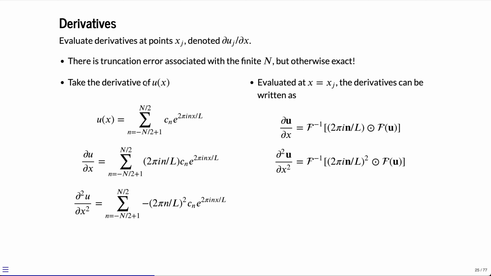So we take the derivative of the function. u of x is the sum over the basis functions of c_n e^(2 pi i n x / L). If we take the derivative of this, then we get simply the 2 pi i n over L comes down and multiplies the original.